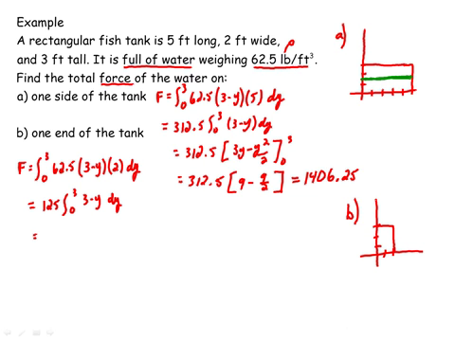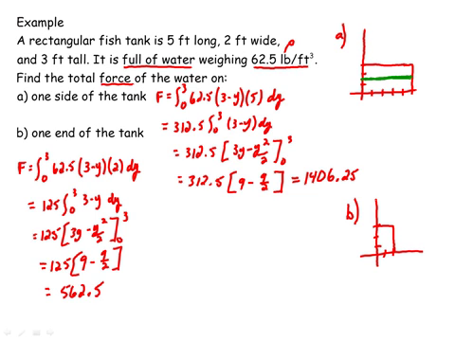So we have 125 times 3y minus y squared over 2, integrated from 0 to 3. And again, when you plug the 3 in, you're going to have 125 times 9 minus 9 over 2, 9 halves. So what are you coming up with? Very good. 562.5.